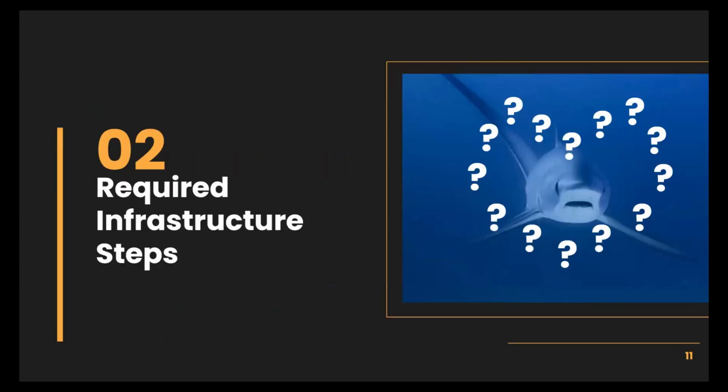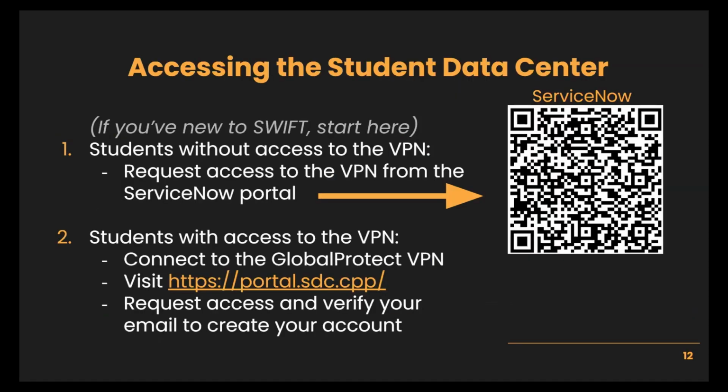Now, getting into how you're gonna access the template we have for you to work on today. Like we mentioned on Tuesday, you have to access the VPN. I know on Tuesday there was a little miscommunication. For those of you who are completely new to Swift and have never accessed the infrastructure, you will need to scan the QR code.